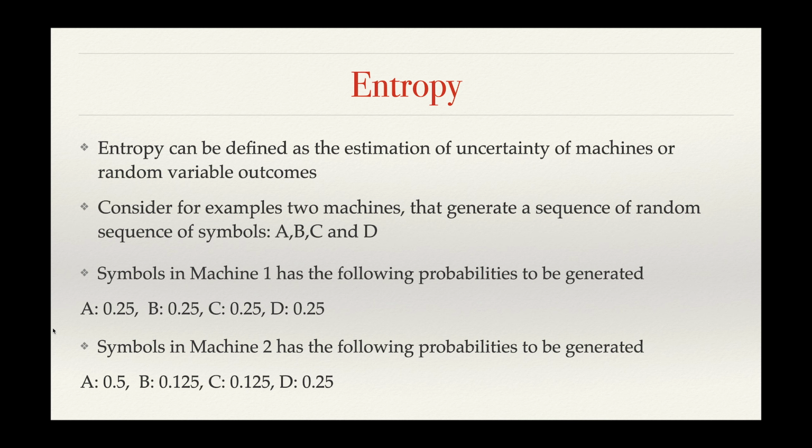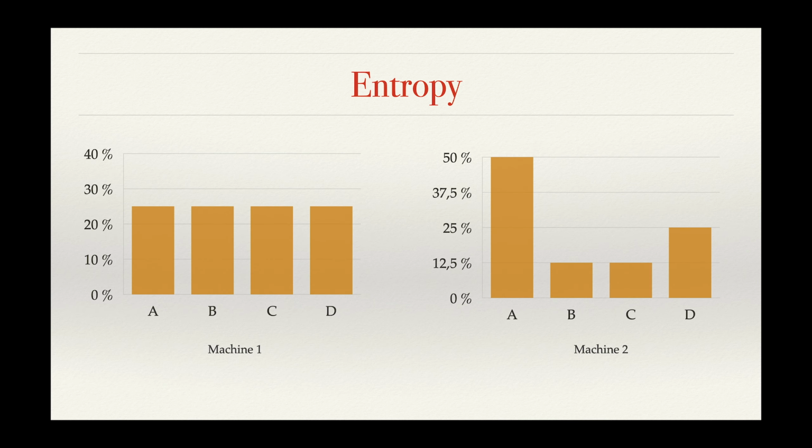Now, just from looking at these distributions, if you want to talk about uncertainty or randomness, say machine 1 is generating a symbol and I ask you to guess what the symbol is, you tell me it's hard to guess because they are uniform. It's 25% for each. It's really random.